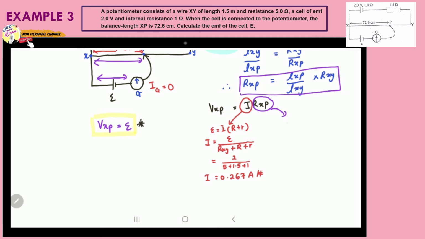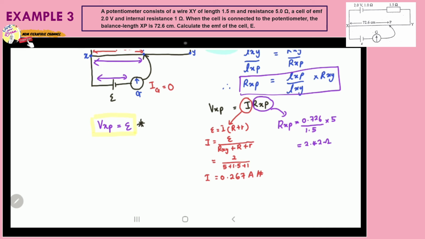So Rxp is now equal to Lxp, which is 0.726, over Lxy, the length of the whole wire, 1.5 meter, times the resistance of the wire from X to Y, which is 5 ohm. And the resistance from X to P is equal to 2.42 ohm.